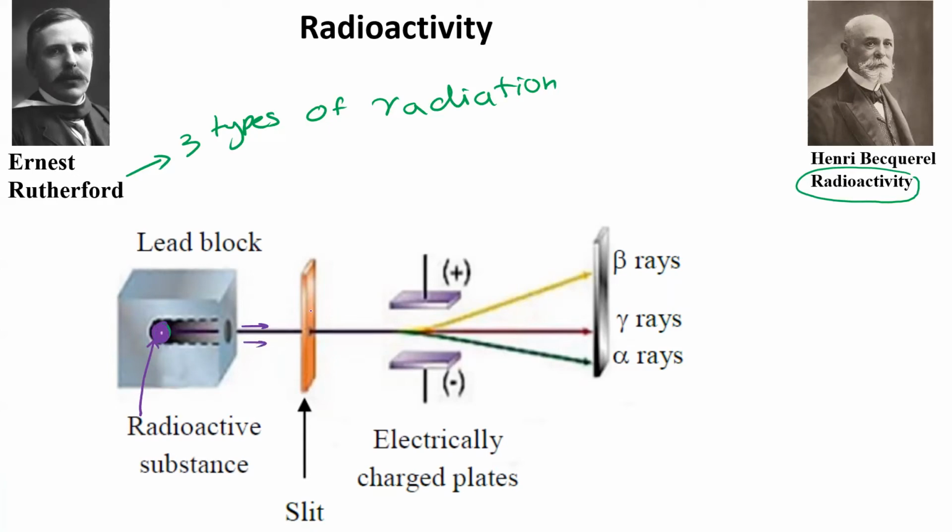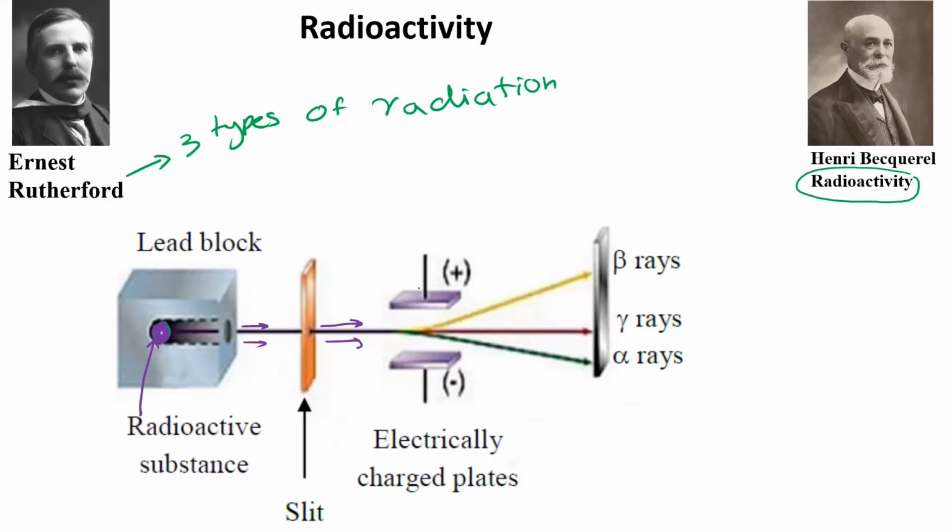So when we have a small slit, we can get a beam of particles in the shape of that slit. And once he got this beam of radiation out from the slit, he subjected that radiation to a magnetic field and also an electric field.